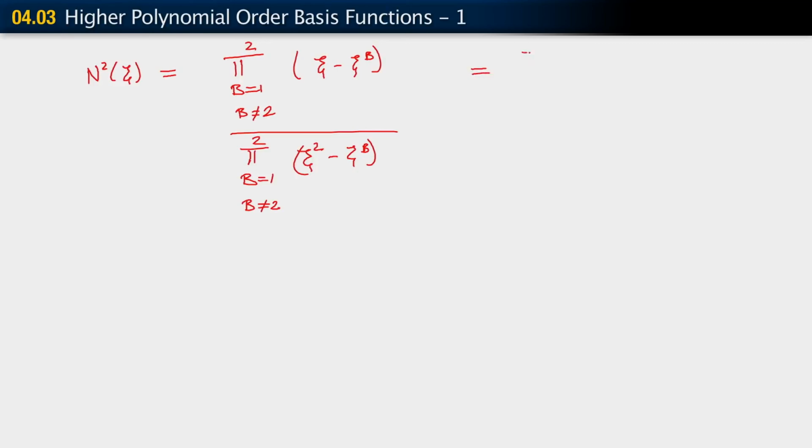So when we work this out, we get ξ minus ξ_1, where ξ_1 is minus 1, divided by ξ_2, which is 1, minus ξ_B, which is minus 1. And we get (1 plus ξ) over 2, which we also recognize to be N2 for linears.